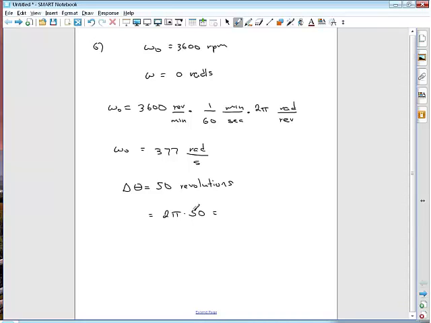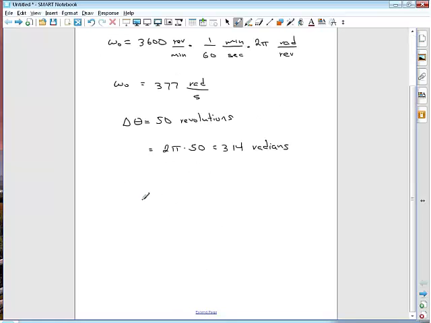And so we get 2 times pi times 50. So 50 revolutions is going to be 314 radians. So we know 3 out of the 5. The other things we don't know are the acceleration and the time. So let's go ahead and calculate both of them. We don't have to calculate time according to the problem, but we'll go ahead and do it anyway. We'll do the acceleration first.